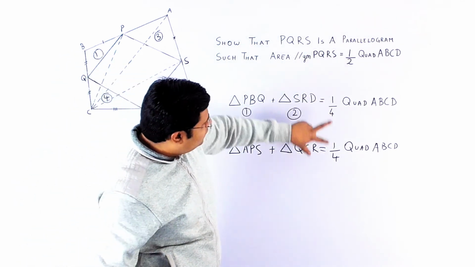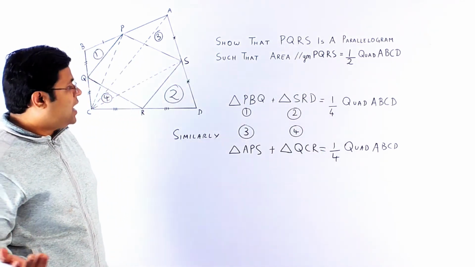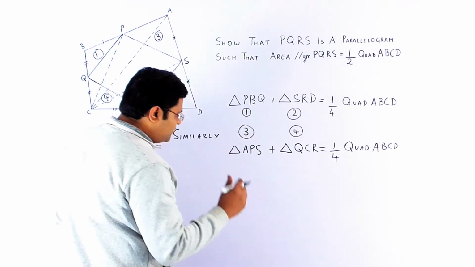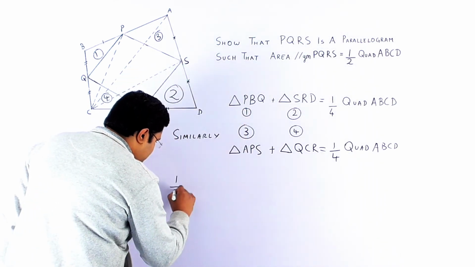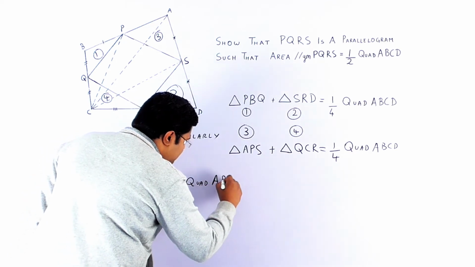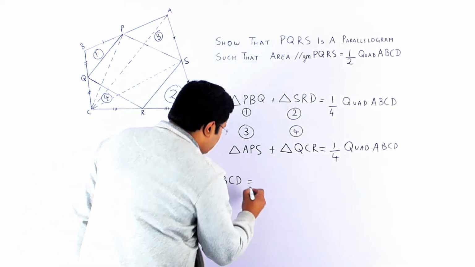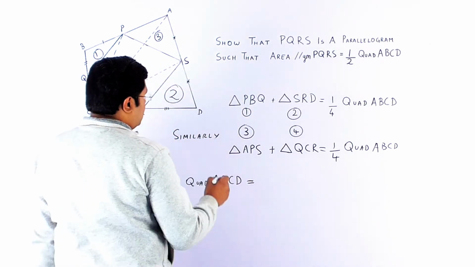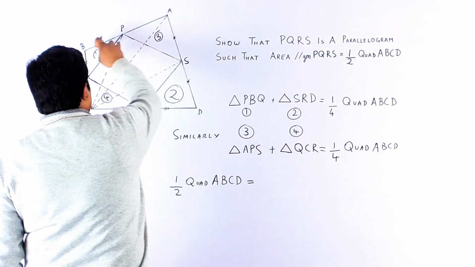Now if I add 1/4 and 1/4, what do I get? I get half. 1/4 plus 1/4, it's half of the quadrilateral ABCD, equal to the sum of these 4 triangles.